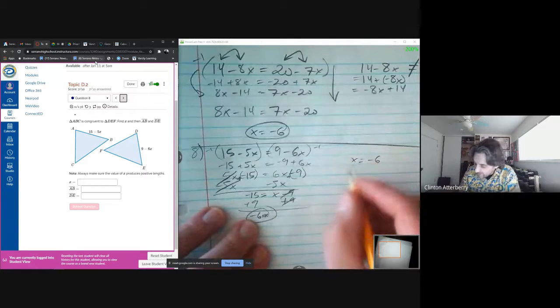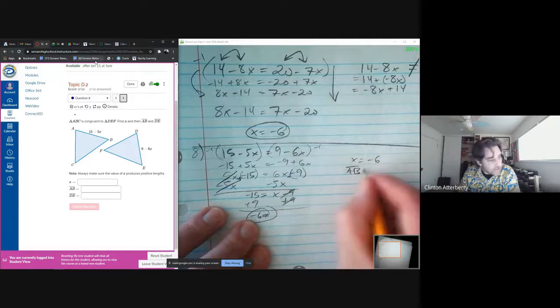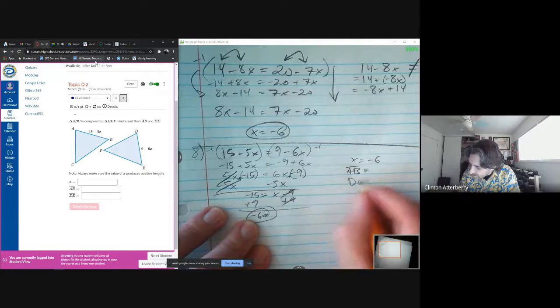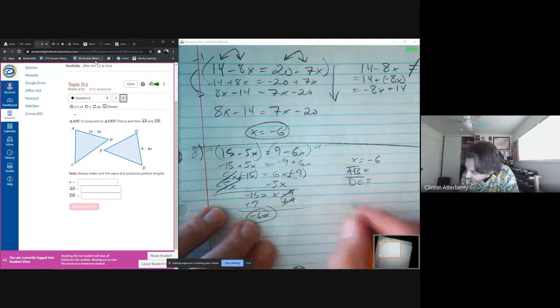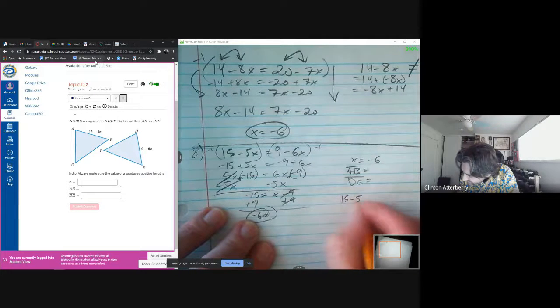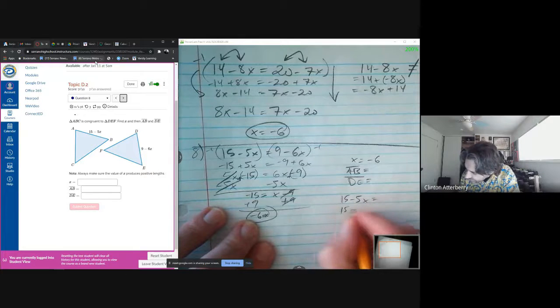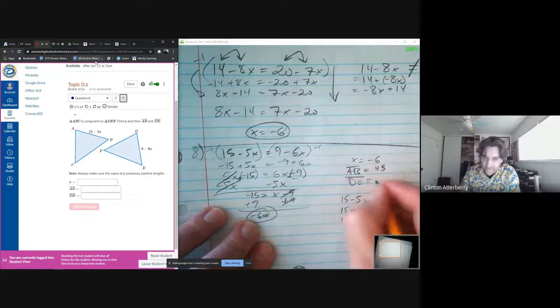They want me to solve for AB, and they want me to solve for DE, which are going to be the same answer, the same length. So AB is equal to 15 minus 5x. However, x is going to be equal to a -6. So that's going to be equal to 15 minus 5 times -6 makes a positive 30. So I get 45. So I'm assuming this one's going to be 45 as well.